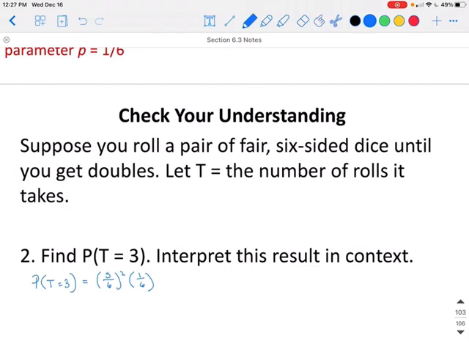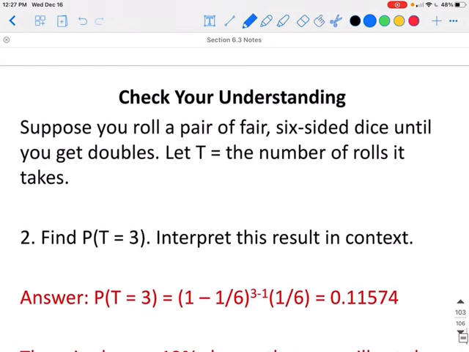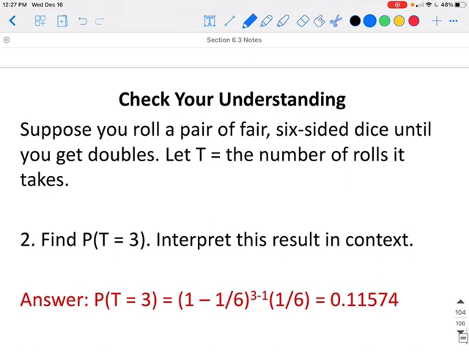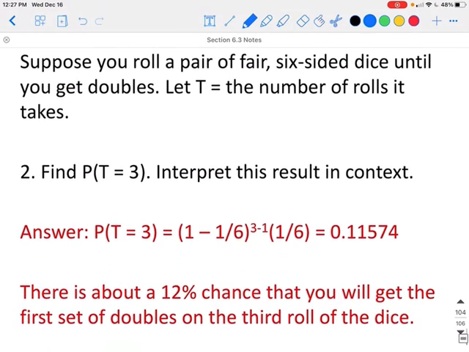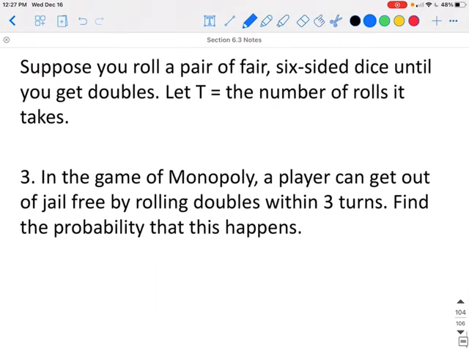The other way you could do this is to do it on your calculator, and you would do geometPDF. Either way you set this up, you should get a result of 0.11574. There's about a 12% chance that you will get the first set of doubles on your third roll of the dice.